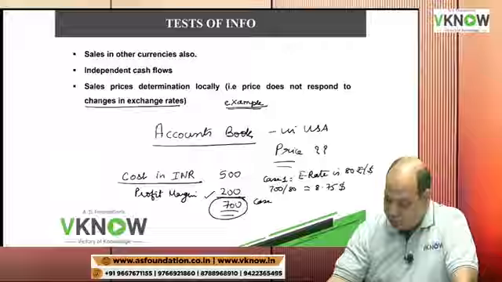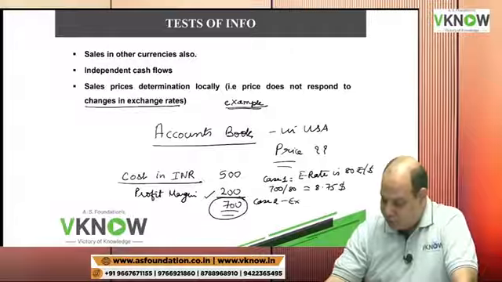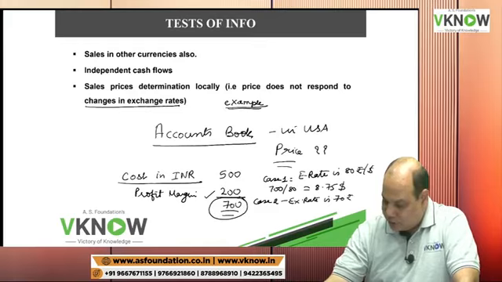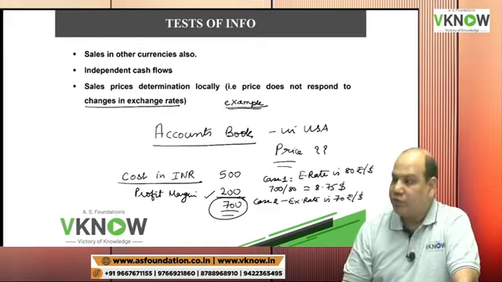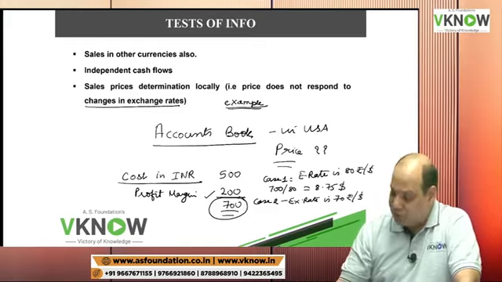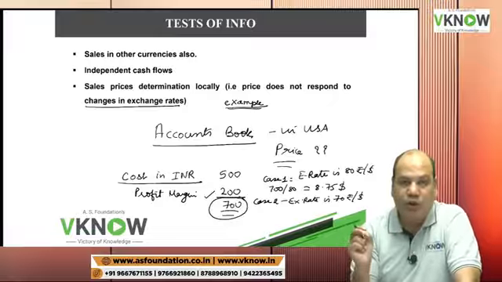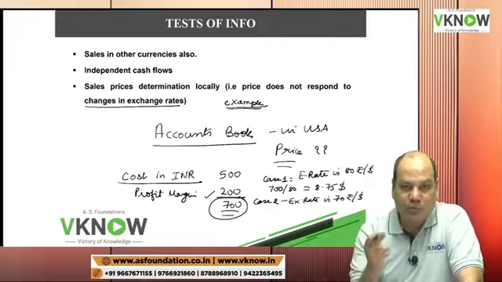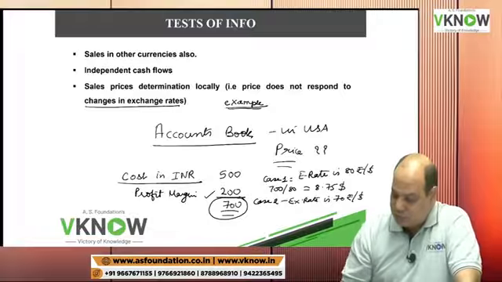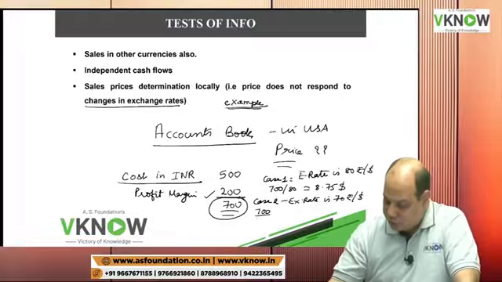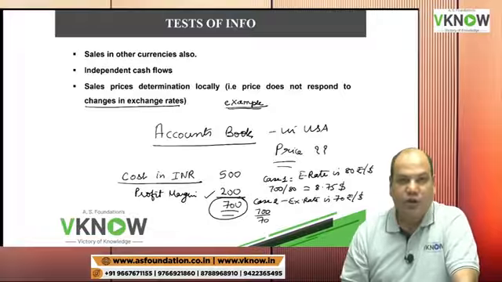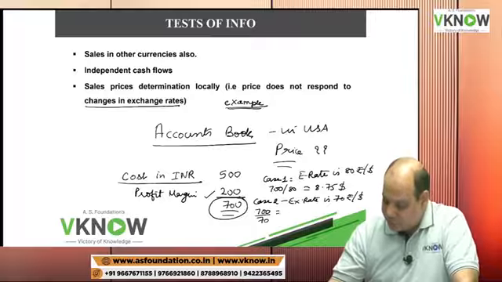Case 2. Exchange rate is 70 rupees per dollar. At what price will these goods be sold now in USA? 700 divided by 70 is $10.